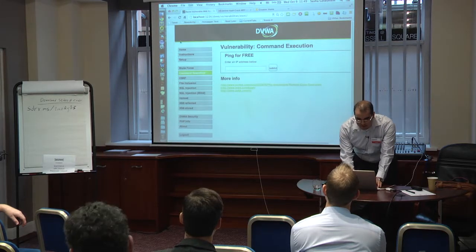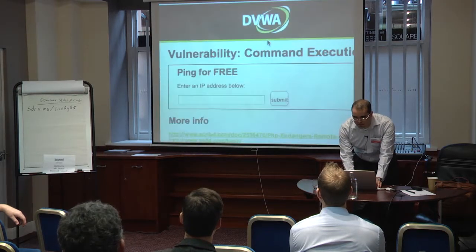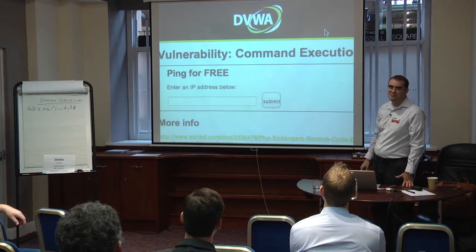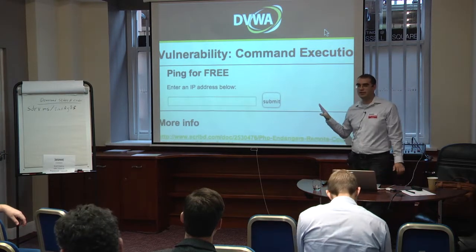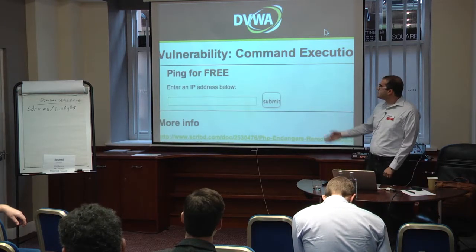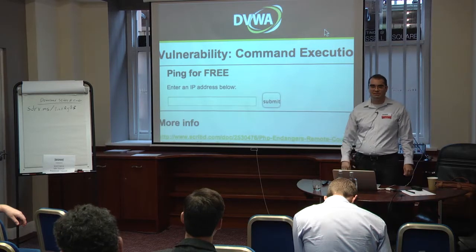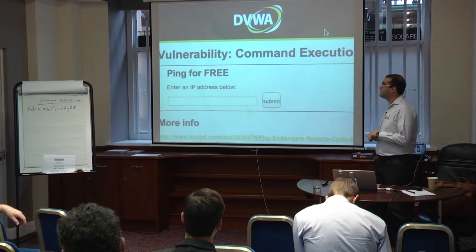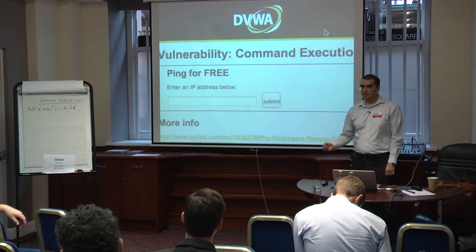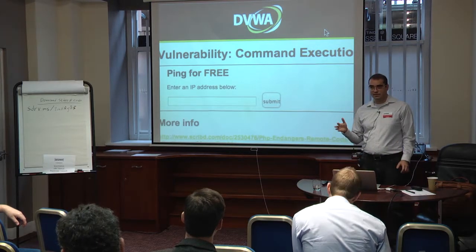So this thing is called DVWA, Damn Vulnerable Web Application. It's running locally right now. We're not hacking anyone but ourselves. And it has this kind of ping for free option. So I can input an IP address, and it's going to try and ping that for me. And again, this is what this D-Link router has in one way or another.